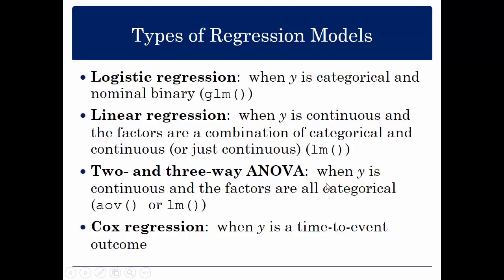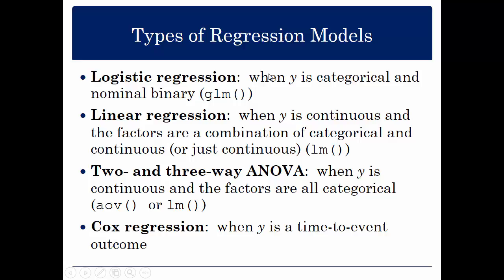The most common approaches to adjusting are if we have a categorical outcome, like yes, response occurred or no, it didn't. Yes, death occurred or no, it didn't. Logistic regression would allow us to compare groups or even look at how that categorical outcome differs for different levels of a continuous predictor.